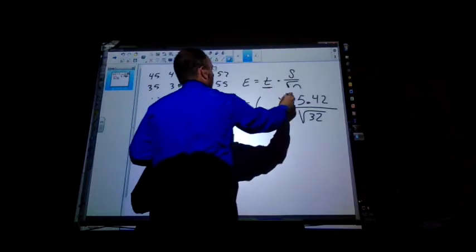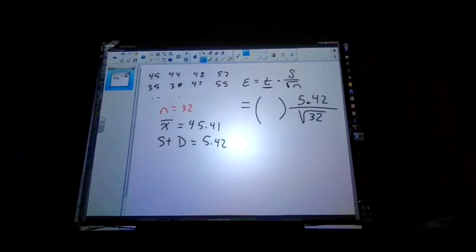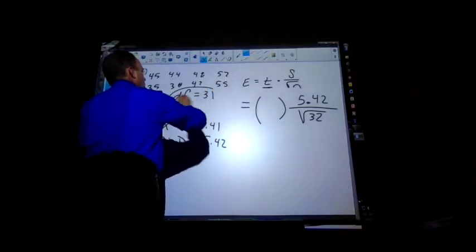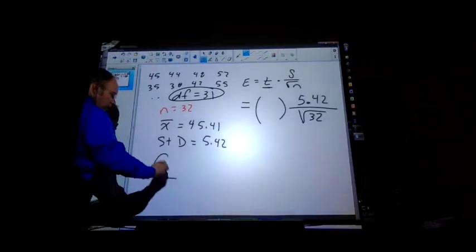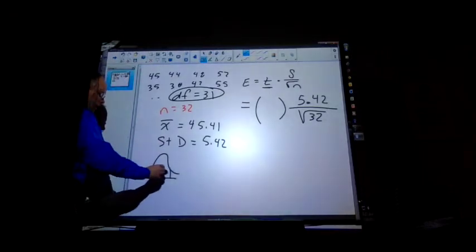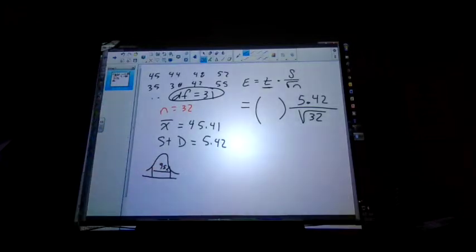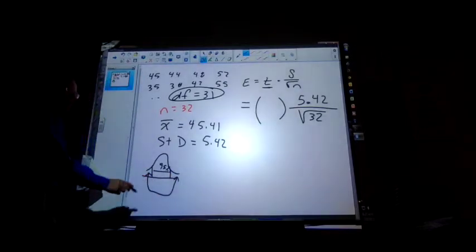Let me erase that. Okay? This is where we're going to find t. Degrees of freedom, how much? 31. What is my confidence interval that I'm trying to create? 95. If I'm trying to create a 95% confidence interval, with the area between here being 95, the 2 tails account for how much percent? 5%.